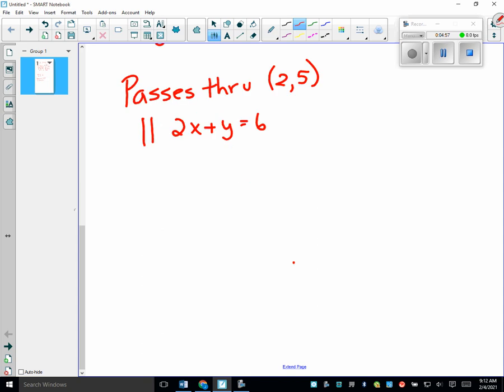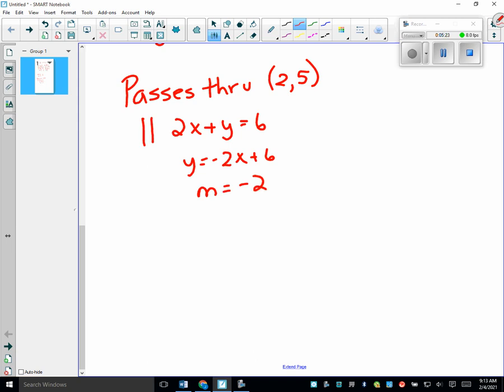Okay? If it's parallel, does that mean I can find its slope? How? Solve this for y. Yeah. So y equals negative 2x plus 6. Yep. So m is negative 2.